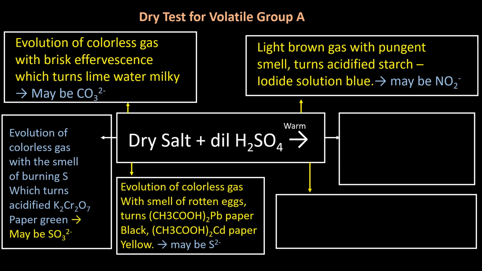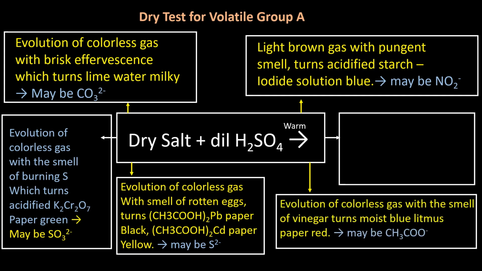Or you may do it in another way, dip the paper in the cadmium acetate solution and hold over the gas, then you will get a yellow precipitate. If you get the yellow spot wherever cadmium acetate solution is there, then it may be sulfide. Now, if we get the evolution of colorless gas with the smell of vinegar and which turns the blue litmus red, then it may be acetate.